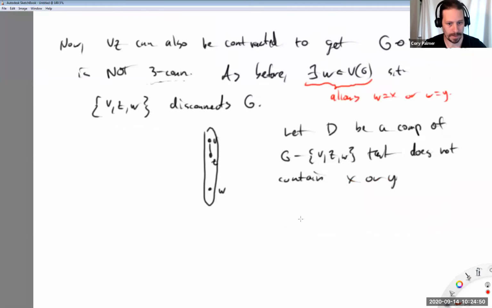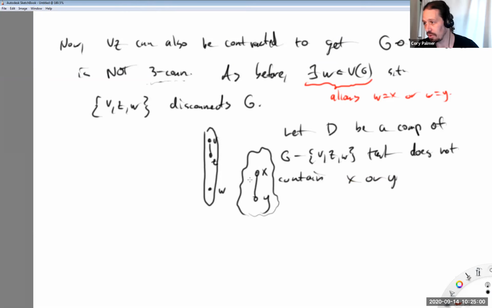Okay? Because let me draw the edge xy over here, and it's in some component, right? X and y are definitely in the same component together because they're joined by an edge, or x or y is equal to w, and then that component could be like this. These are two alternatives.